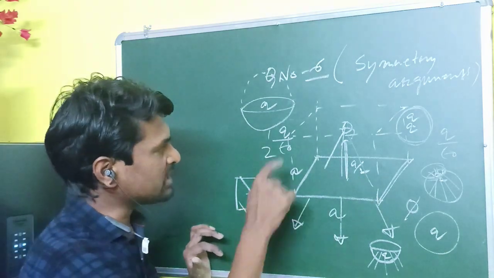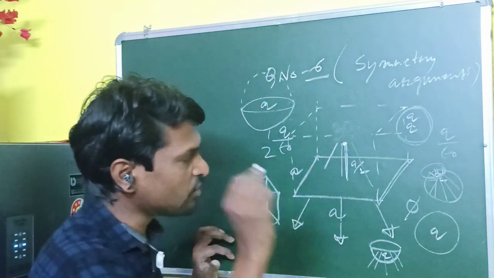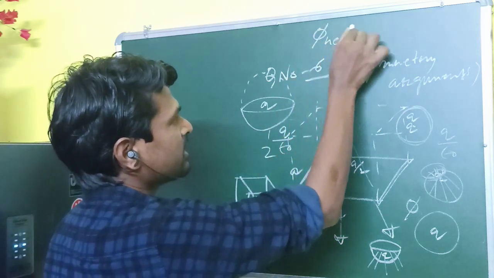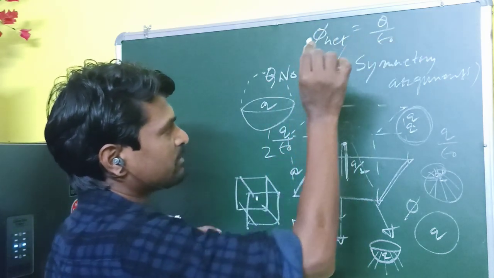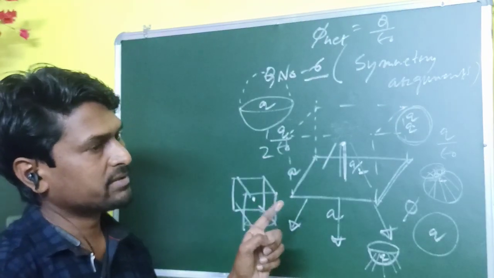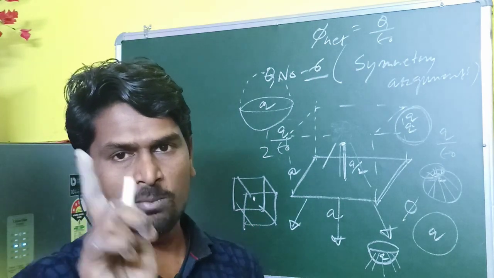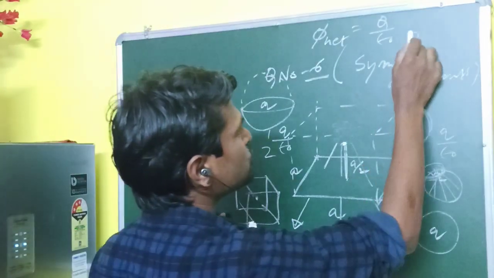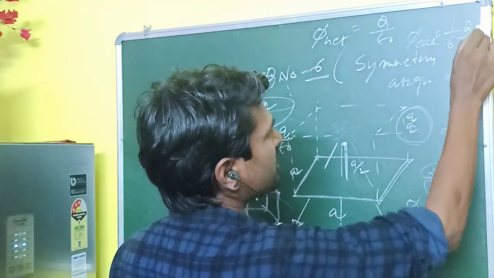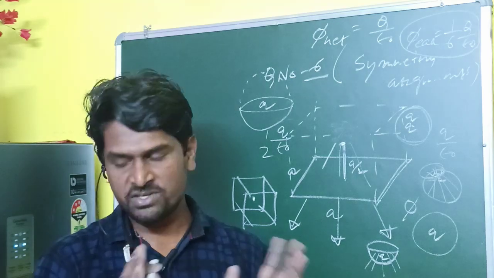That is, the charge is at the center of the cube. So the total flux, or net flux, equals Q by epsilon naught. But the question is not like that. The question is that you have to calculate the electric flux through a particular surface. So the flux through each surface is 1 by 6 Q by epsilon naught, and this is the final answer. This concept is called the symmetry argument.